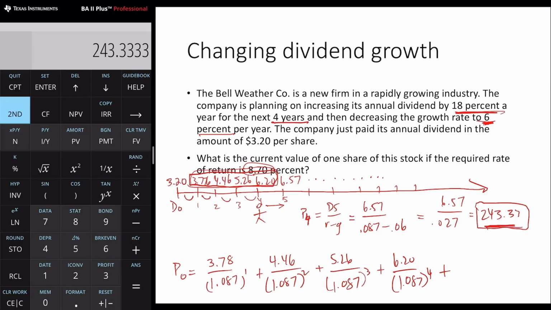And then the last thing is this sum right here, which is 243.33 divided by 1.087 to the power of 4.